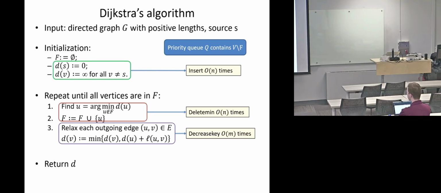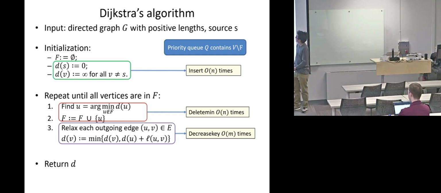To implement this step, just delete min. It gives you the guy with the minimum estimate. And what you do here you can do just by decrease key. So the priority queue basically contains all the nodes that are not finalized, and you keep decreasing their keys, and sometimes you take the minimum guy out.